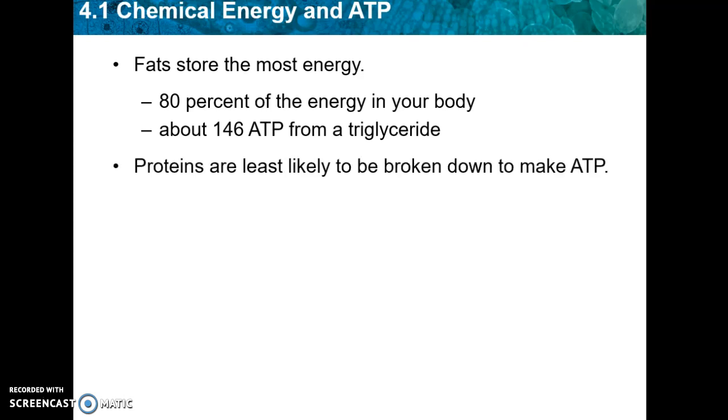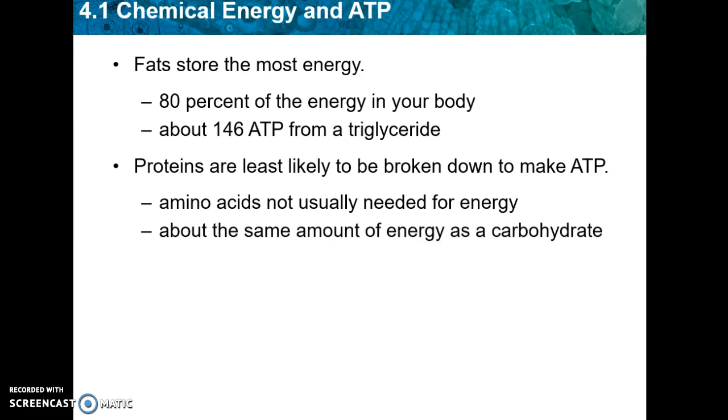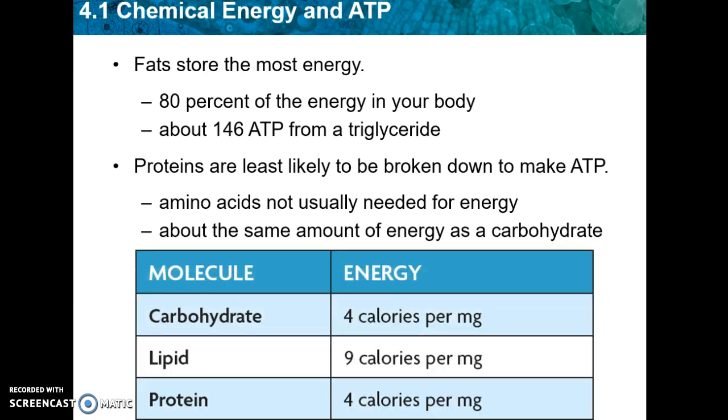Proteins are least likely to be broken down to make ATP. The body doesn't tend to use them for that purpose, as amino acids aren't usually needed for the energy process. But in the case that it does happen, it has about the same amount of energy as a carbohydrate. So this lists those 3 macromolecules, if you remember that from chapter 2. The 4 macromolecules were carbohydrates, lipids, proteins, and nucleic acids.